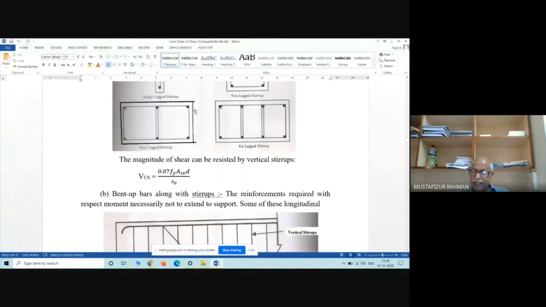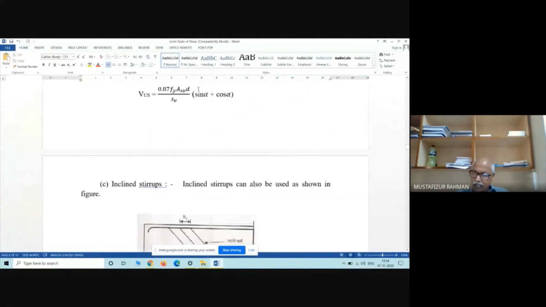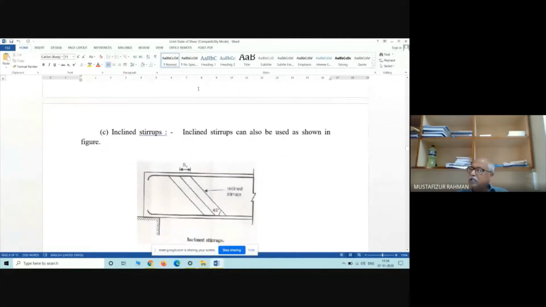The IS code again restricts the shear that is to be resisted by the inclined stirrup or bent-up bar. Bent-up bars cannot resist more than 50% of the shear to be resisted by the shear reinforcement. What is shear reinforcement? That's what we have now. The third category is inclined stirrup.